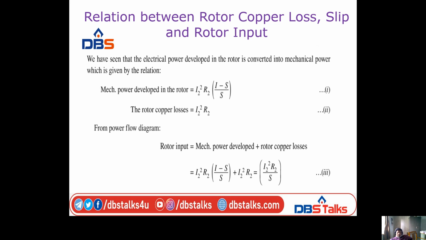Taking the common factor I2 square R2, we get (1 minus S plus S) by S, that is 1 by S. Therefore, rotor input is equal to I2 square R2 by S.